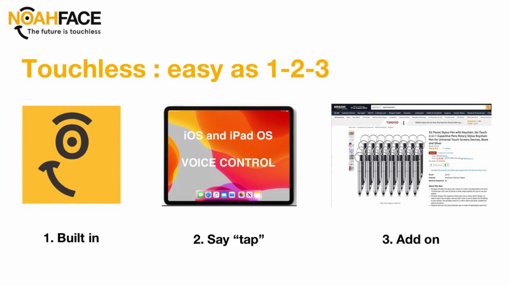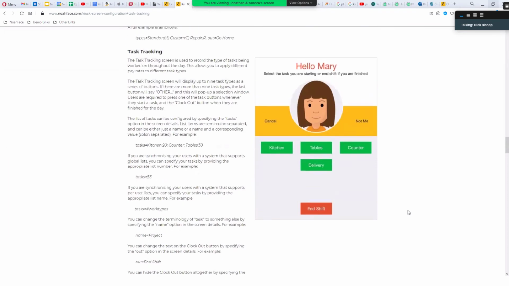So when you saw earlier, when Jonathan was doing the dynamic cost centers, and he was choosing bakery versus produce versus new code, et cetera, the way that you can use NoahFace to choose these cost centers is by touching the screen and touching kitchen or tables.